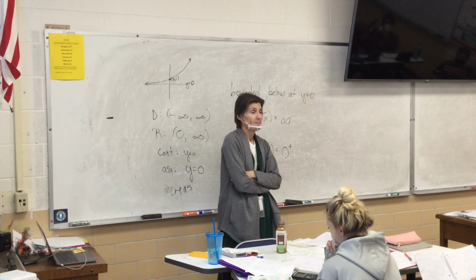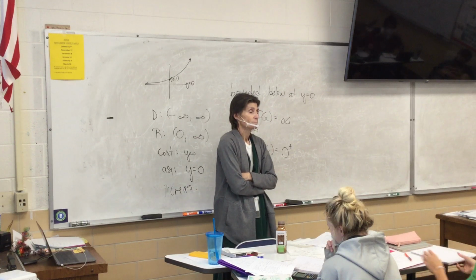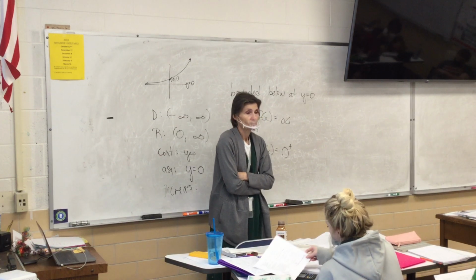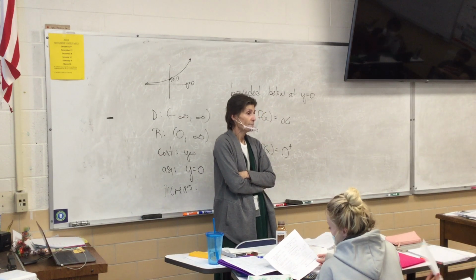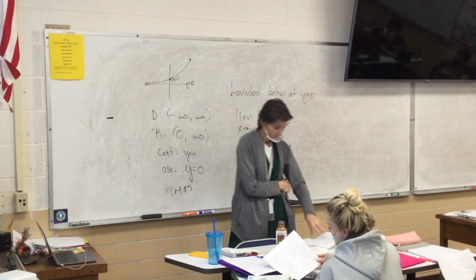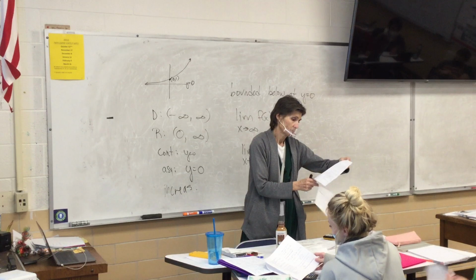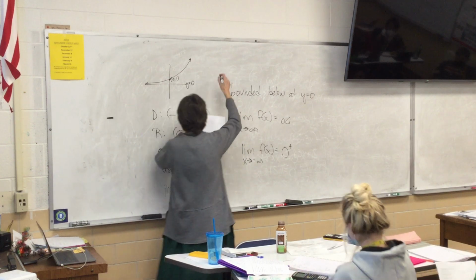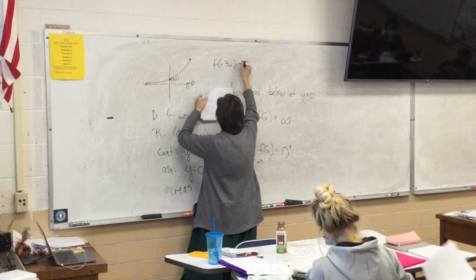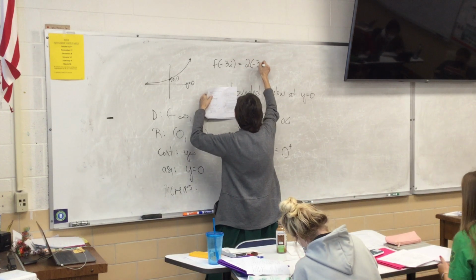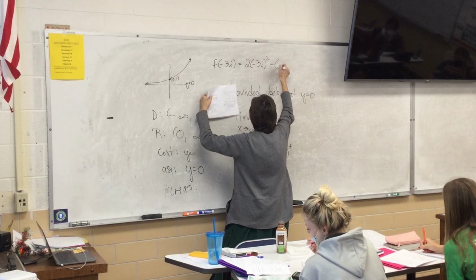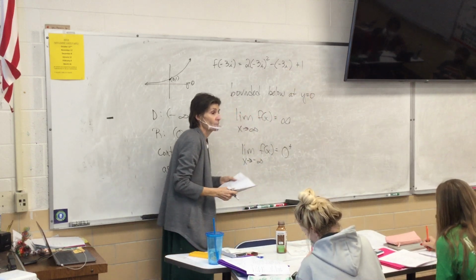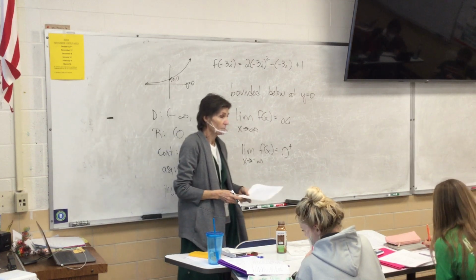All right, who else? Abby? For number 2 on the main review, that's f of negative 3i, are you just plugging that into the new equation? Yep, you just plug it in. So f of negative 3i would be 2 times negative 3i squared minus negative 3i plus 1. Just like any other function problem, you take out the x and plug in whatever they tell you to plug in.